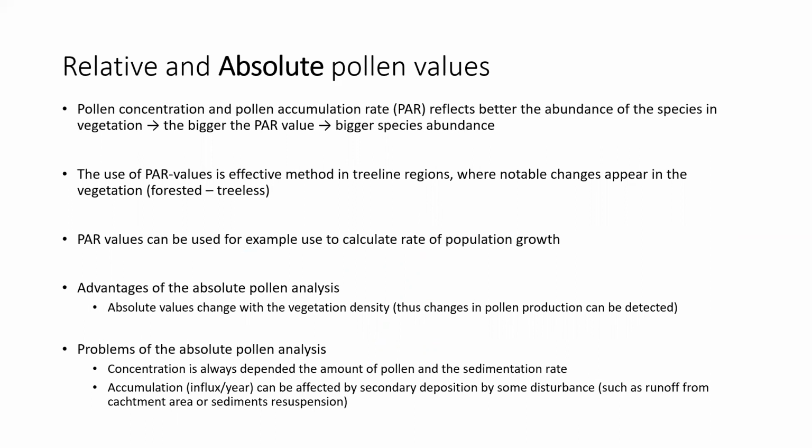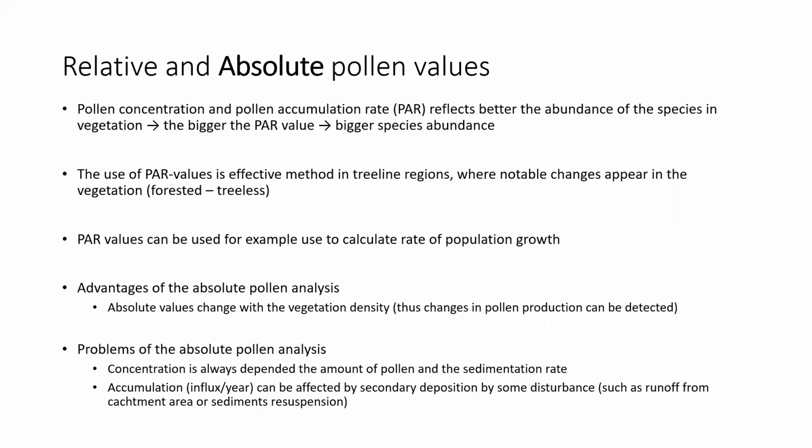So basically, what is the amount of pollen accumulating on a certain area in 1 year? For example, how much pollen accumulates in 1 year in 1 square centimeter area. And the bigger the pollen accumulation rate is, the bigger the species abundance is interpreted to be.